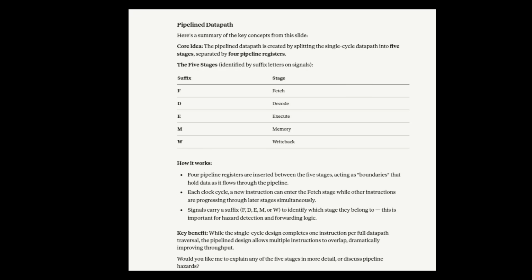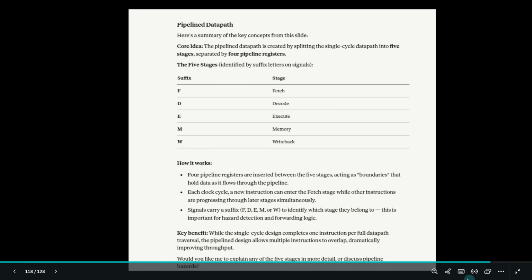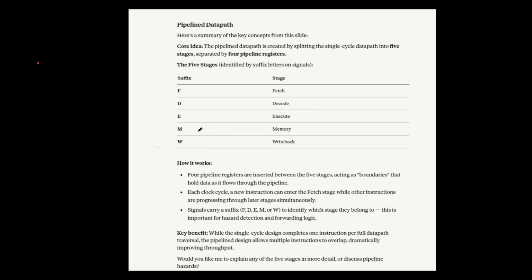So pipelining is basically divided into, you have to understand some things right now. In pipelining, the processor is divided into stages.